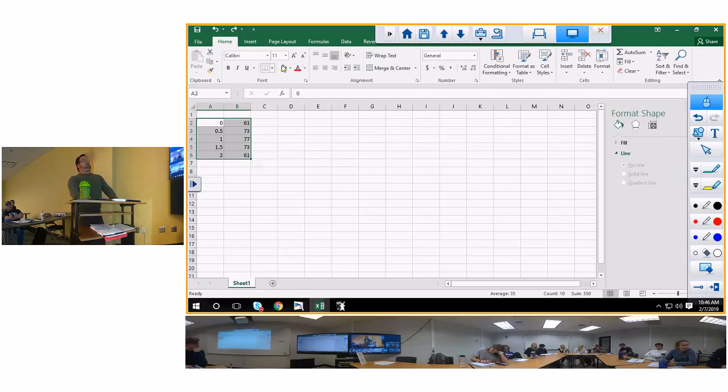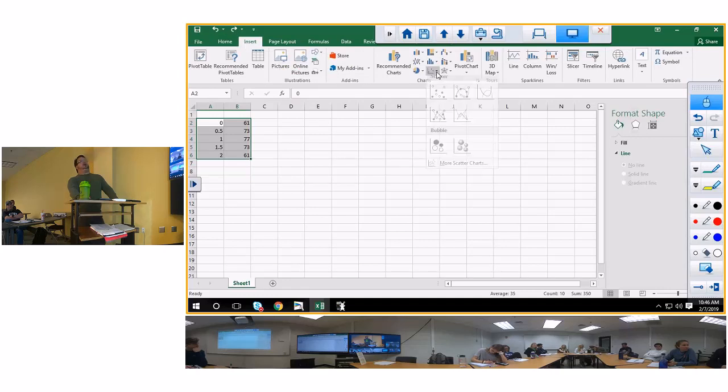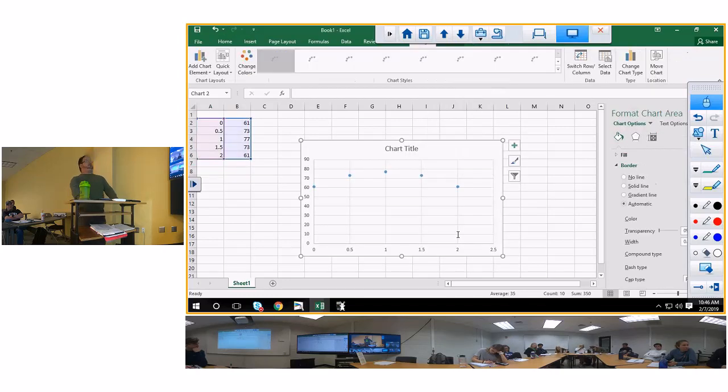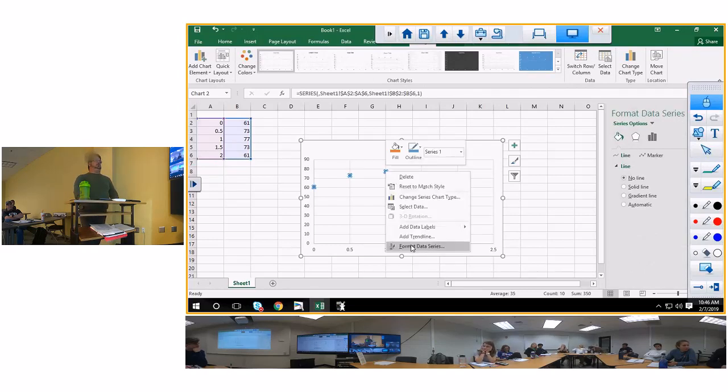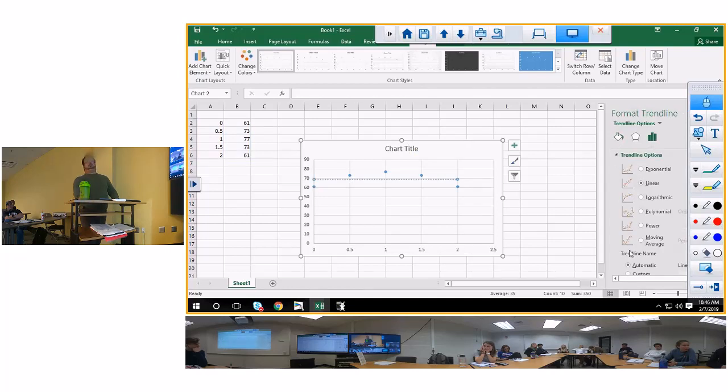And I go, okay, let's see what it looks like. I go to insert, and I just do the dots. Okay? Everybody with me? Yep. And then I say, well, let's see what it looks like as far as logarithmic.